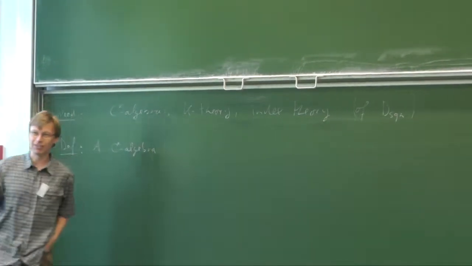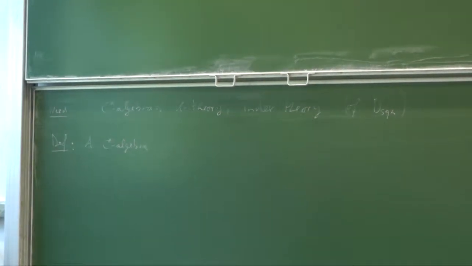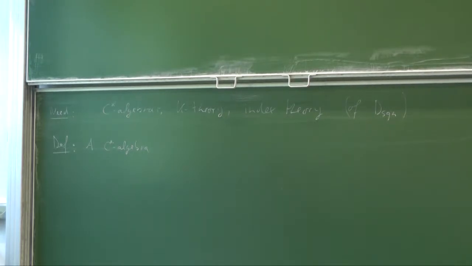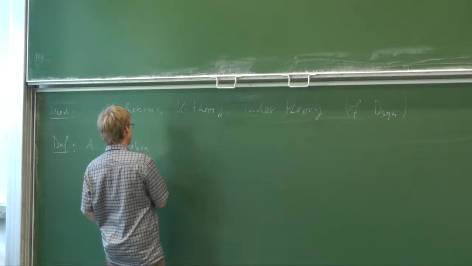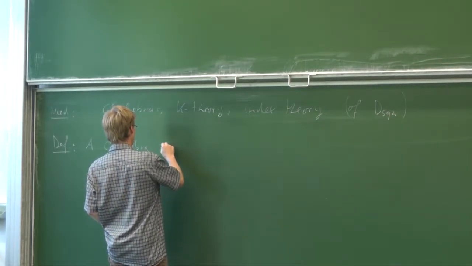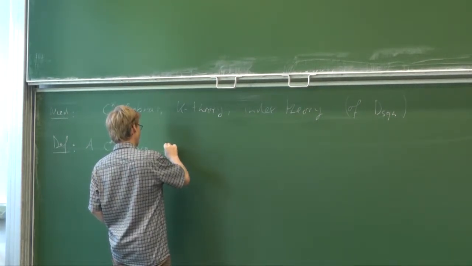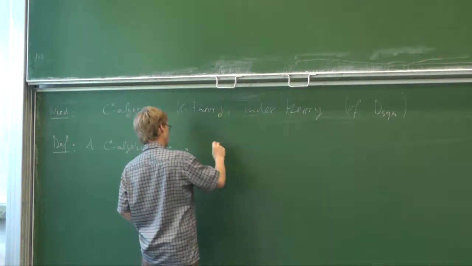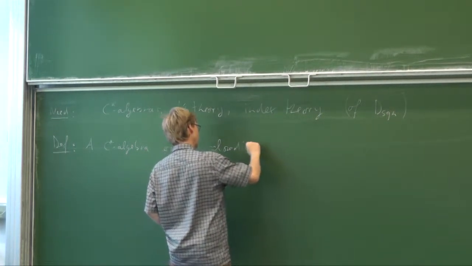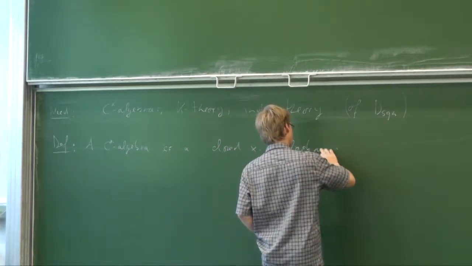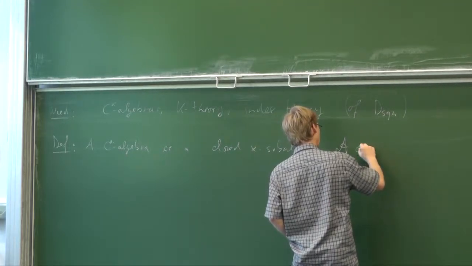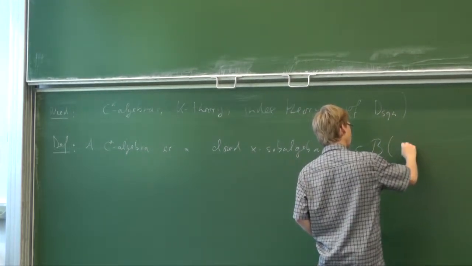So who does not know what a C-star algebra is? Yes, it's a complex algebra with star, with norm, and satisfying the C-star identity. The quickest way to get it is to say a closed star subalgebra A of the bounded operators on a Hilbert space.